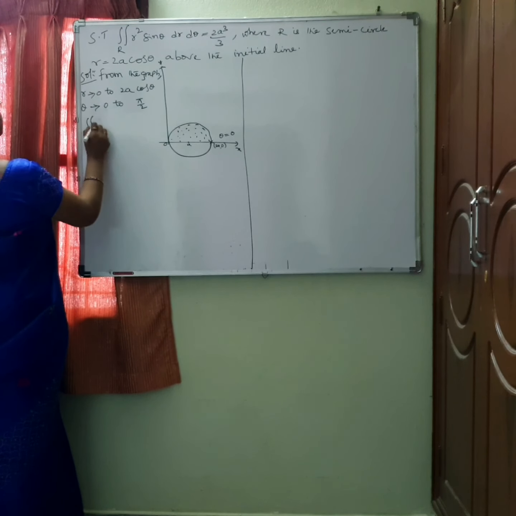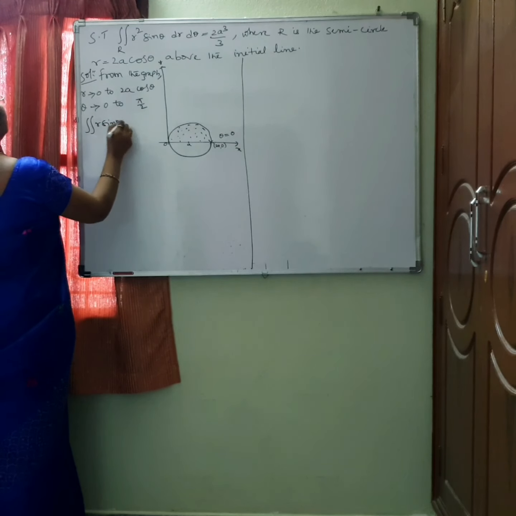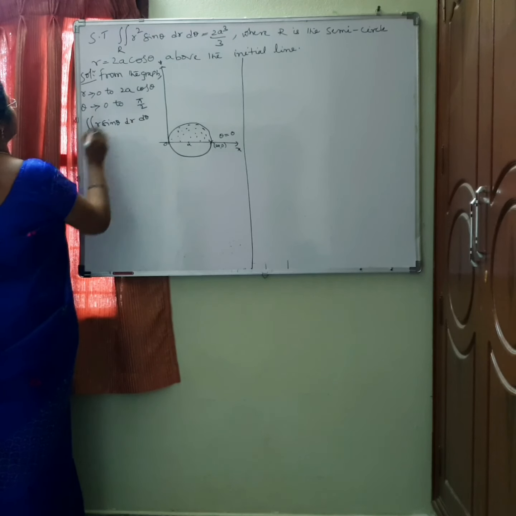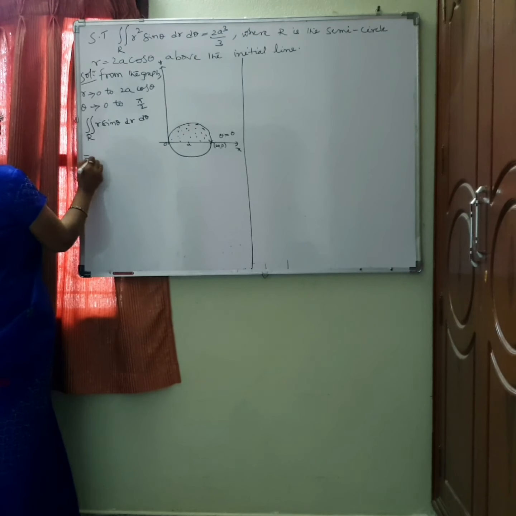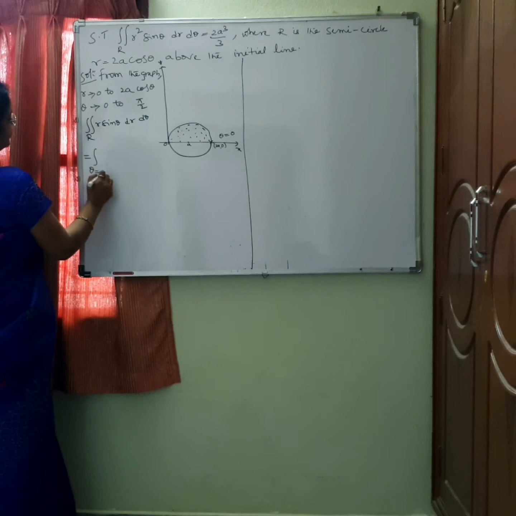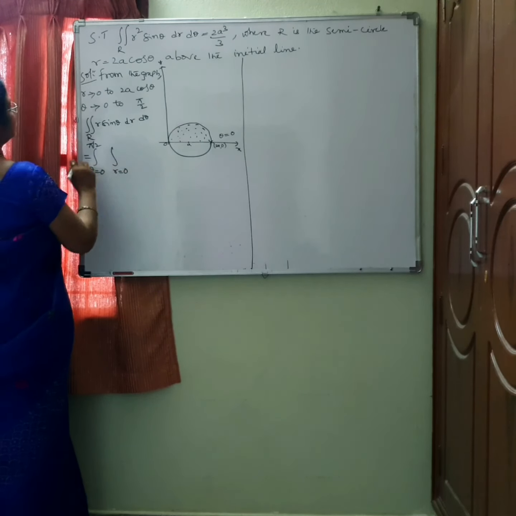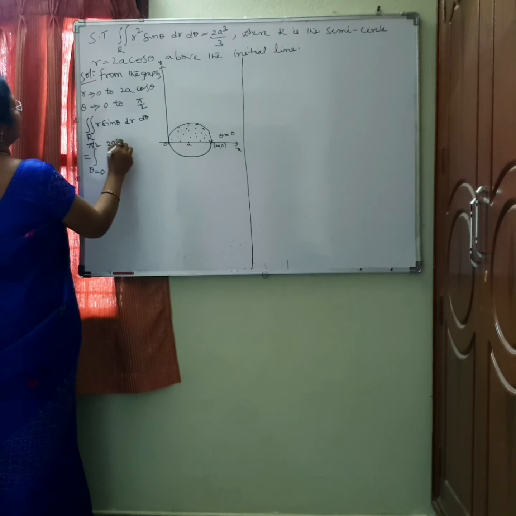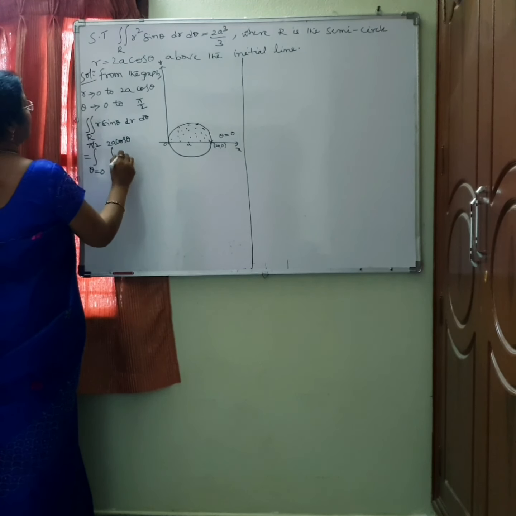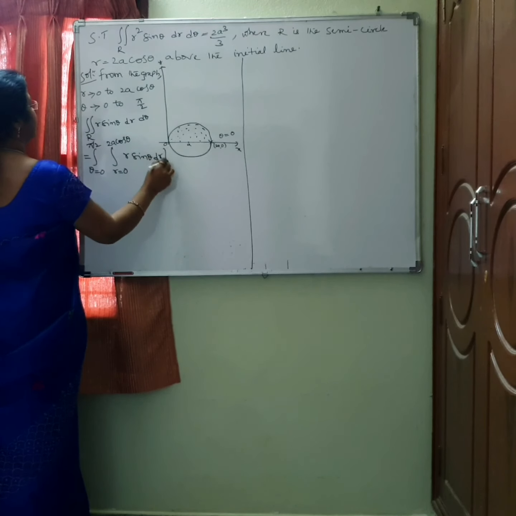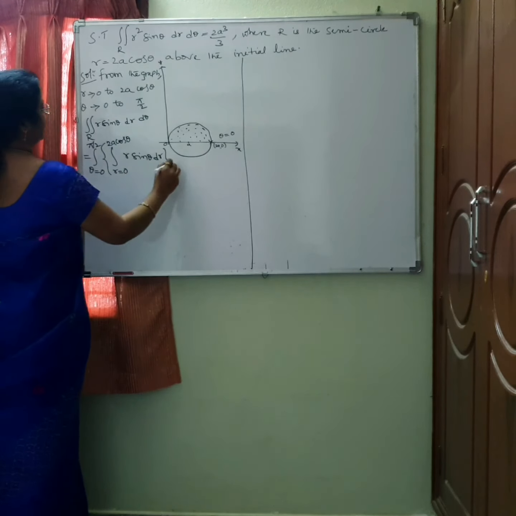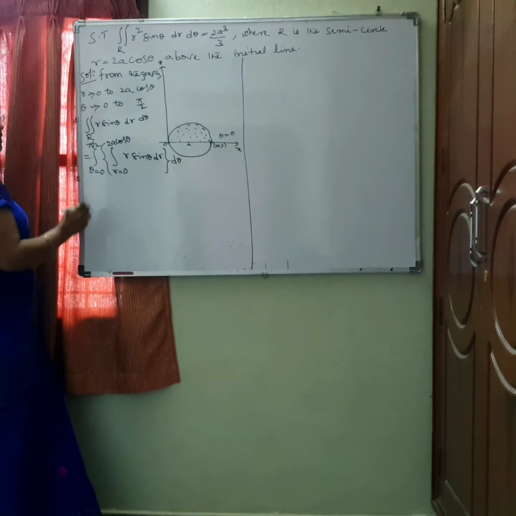Now we consider the given double integral r sin theta dr d theta over the region R. Now we write the limits. Theta varies from 0 to pi by 2, r varies from 0 to 2a cos theta. Inner integration is with respect to r and outer integration is with respect to theta.